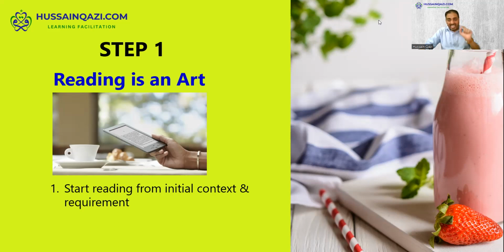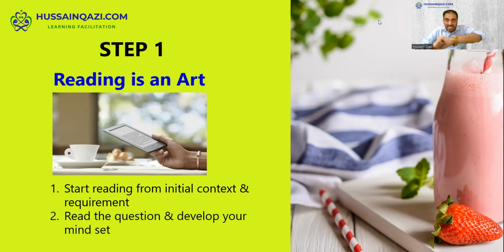Initial context and the requirement of the question will support you to develop an initial mindset of the question. And based on this initial mindset, read the complete question and develop your complete mindset. Mindset means understanding the examiner requirement, what the examiner expects you.